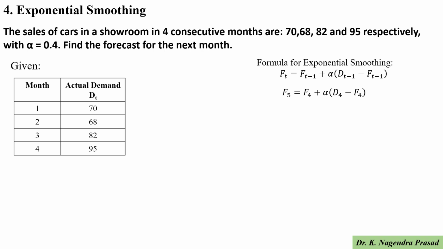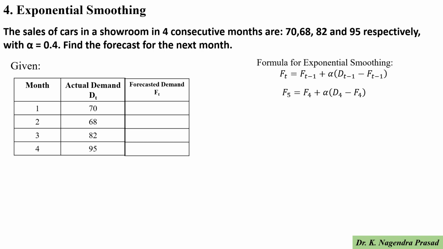To determine F4 we require F3, and for F3 we need F2. So first we have to determine all the forecasted values, that is F1, F2, F3, F4. Then we will come to the determination of F5.